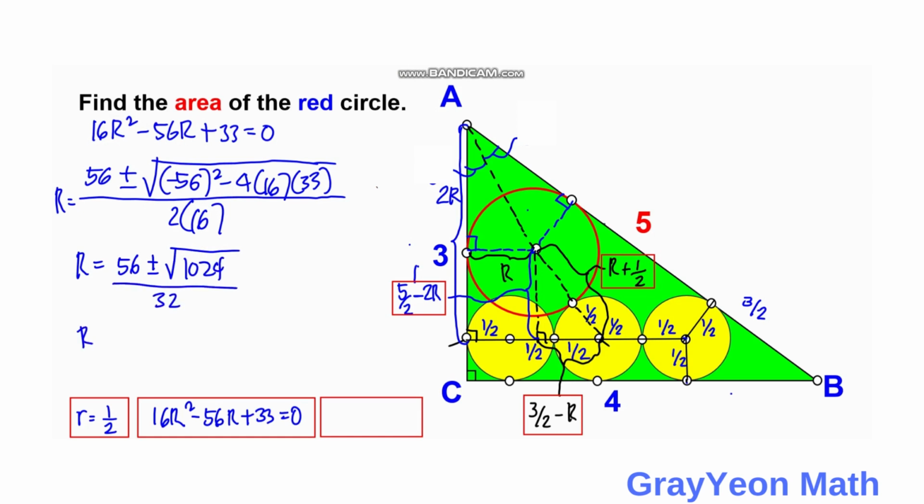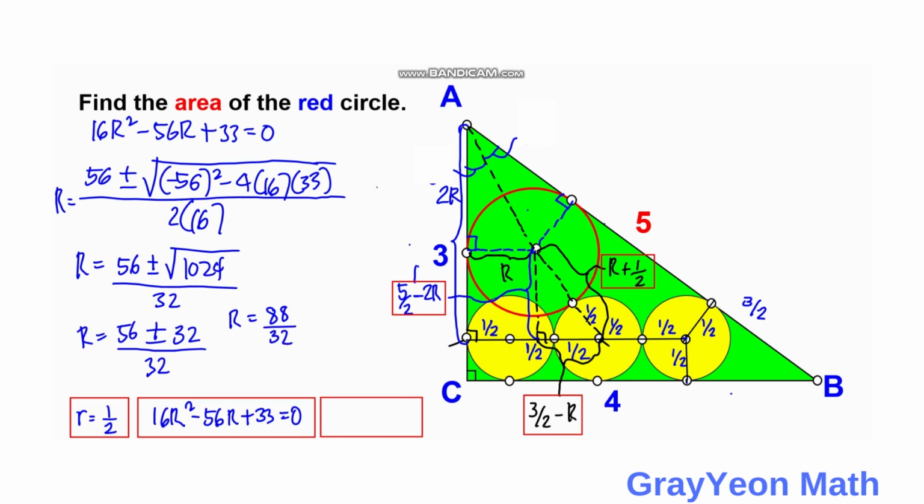And this becomes r is equal to 56 plus or minus 32 all over 32. For the first solution, 56 plus 32 is 88, so r is equal to 88 over 32.